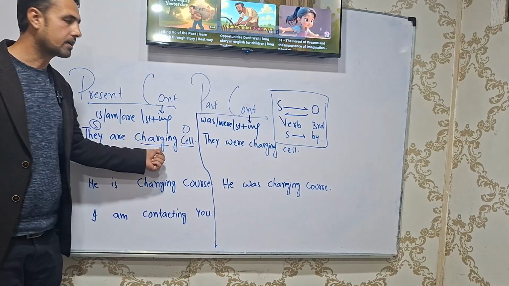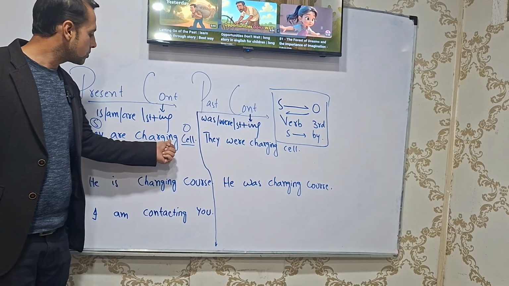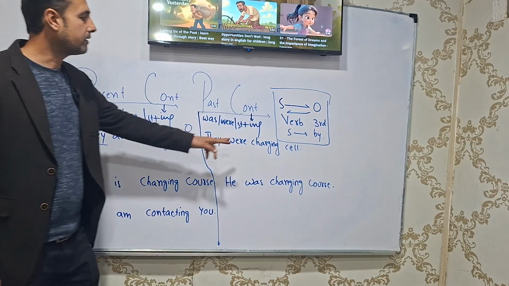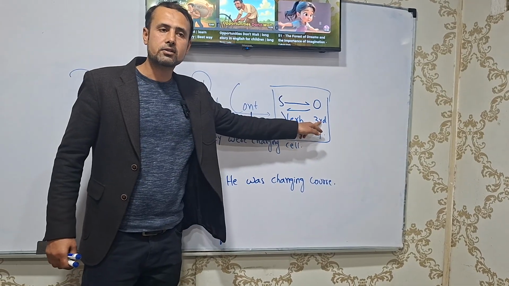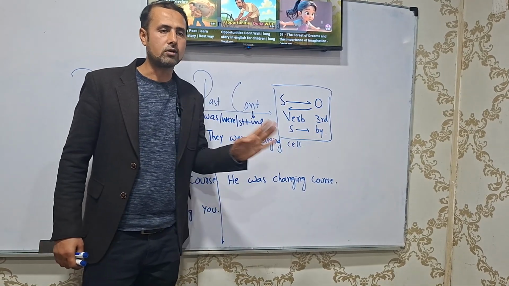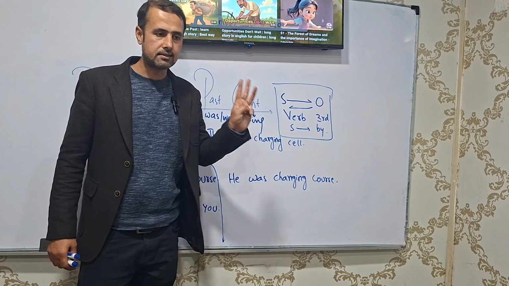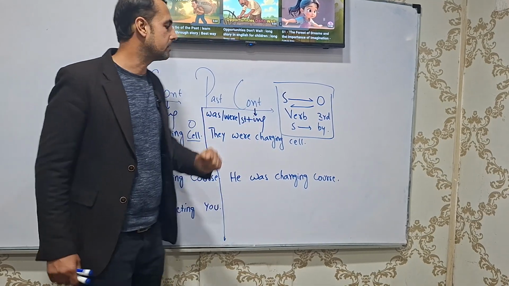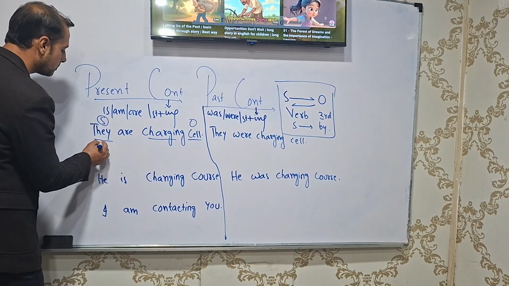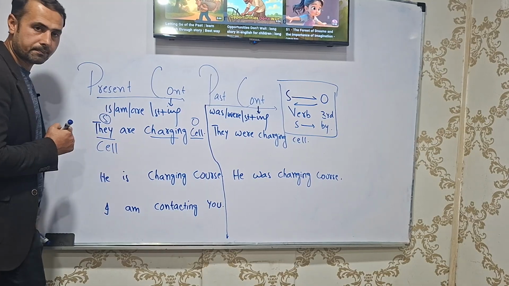In continuous, we are having ing. So what we need to do is refresh that in passive mode, it is always one form of the verb, and that is the third form of the verb. So I would bring cell before.